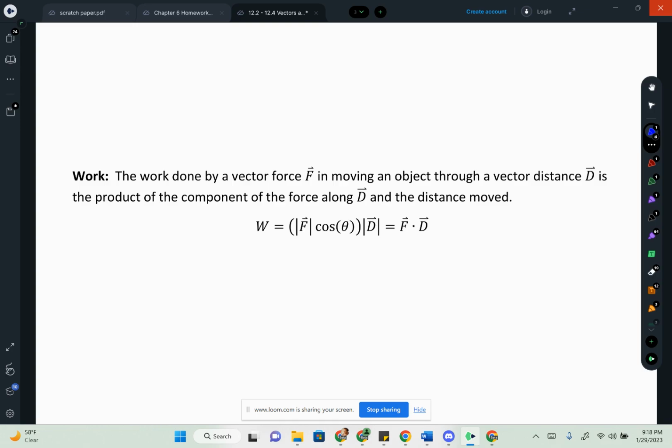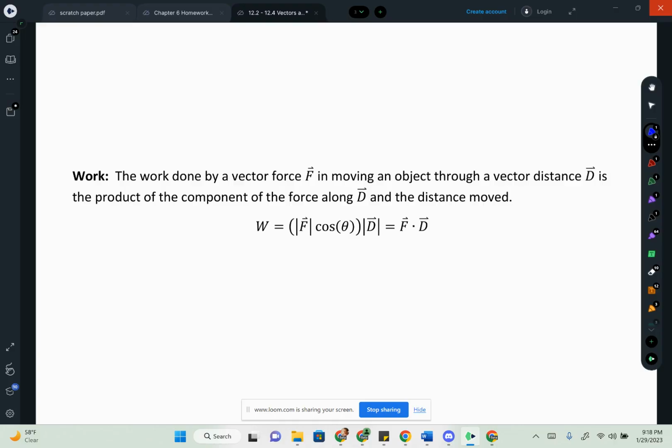So let's say that we know a vector force that's being used in moving an object through a vector distance, then we can calculate how much work is done.